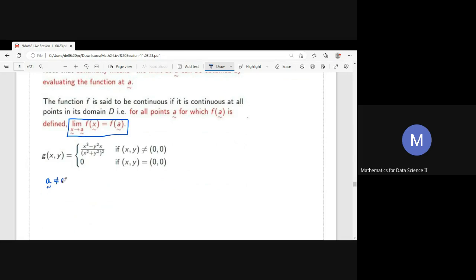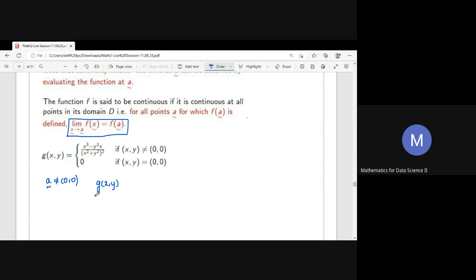I can directly do it for arbitrary values, and if you want, I can do it for one particular value, but it is easier to see even for the arbitrary case itself. Now, g of x comma y is in the form of a quotient function.